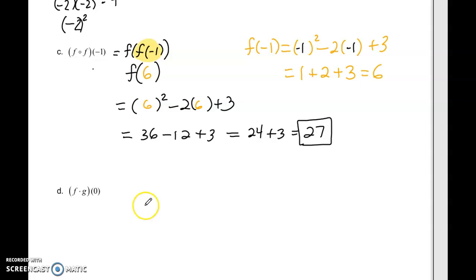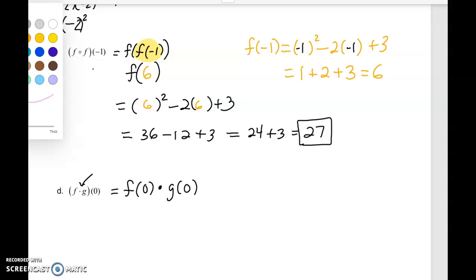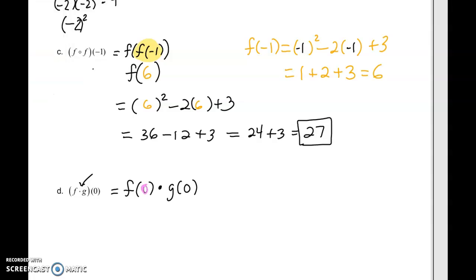And then the last one on this page is D, this is not the composite function. It's f times g at 0. So that means f at 0 times g at 0. So I'm going to plug in an input of 0. So I'll plug in 0 into the f function.